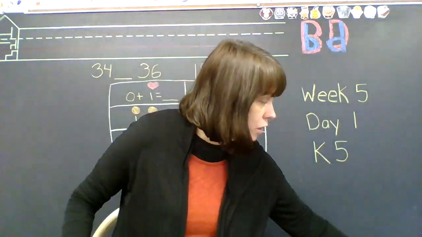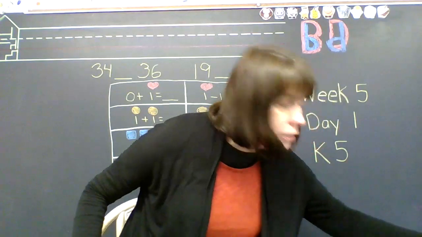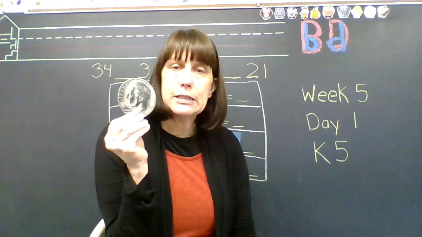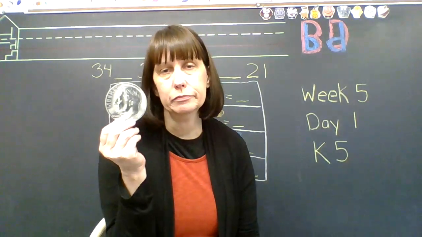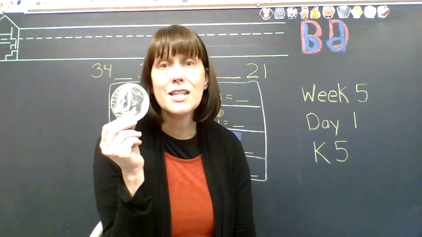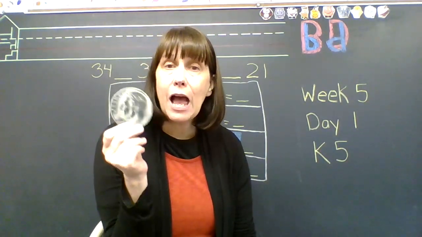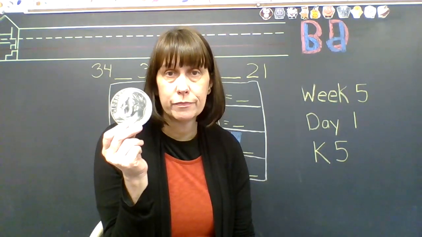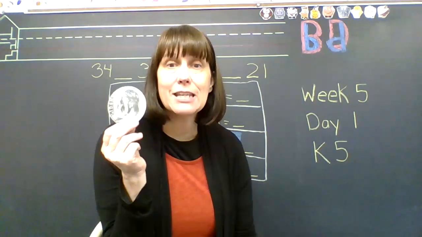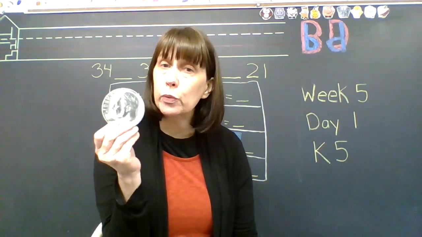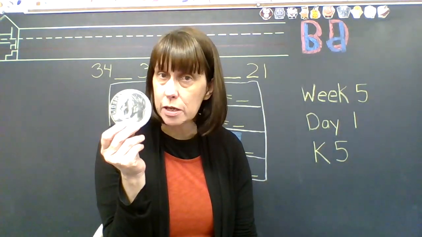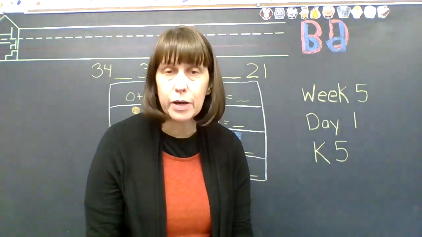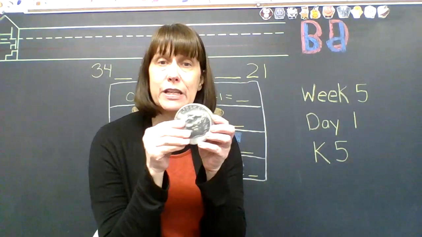Now, tell me what the name of this coin is, this little coin. Dime. How much is a dime worth? 10 cents. And what do we count by when we count dimes? Tens.